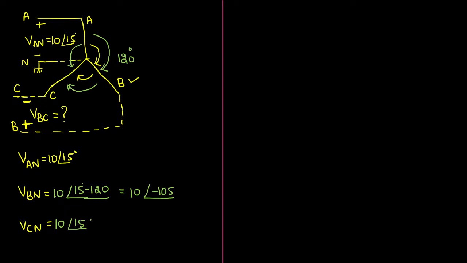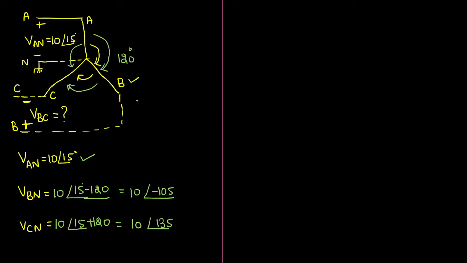With this, I'm adding 120 degree leading, such that you can obtain phase C. So it will be 15 plus 120, which becomes 135 degree. So we have obtained the values of VAN, VBN, VCN. Of course, VAN is given. From this, we brought the values of VBN and VCN.